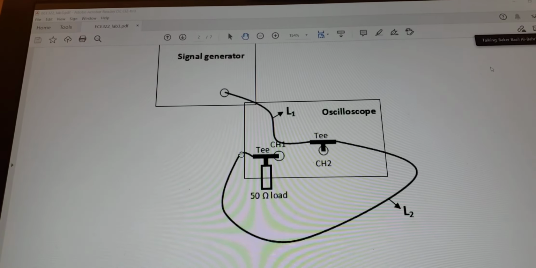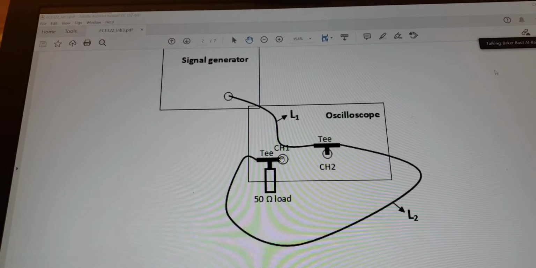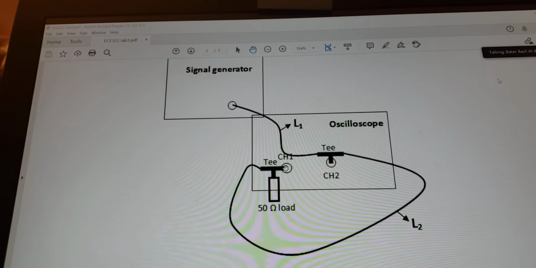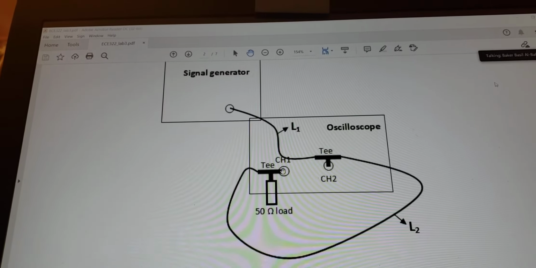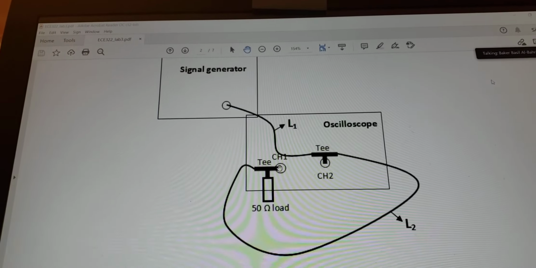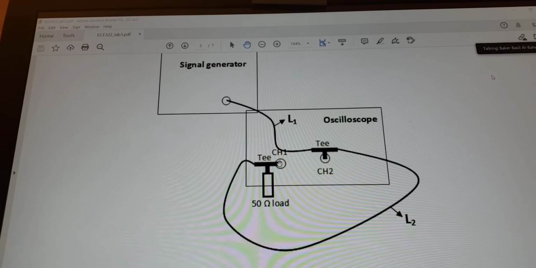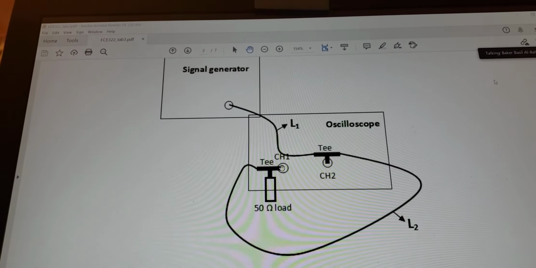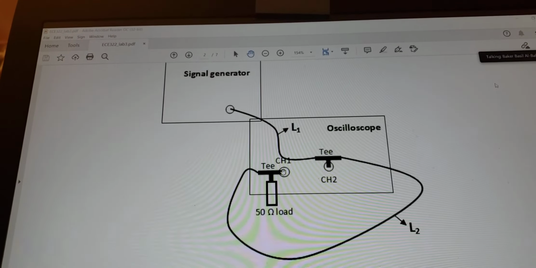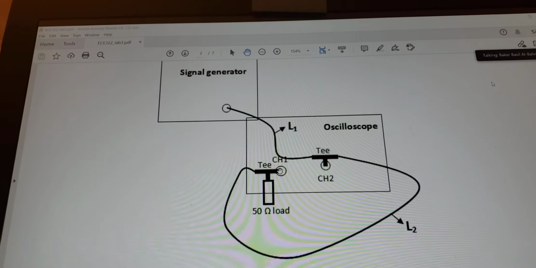So what happens here, we have another signal here, which is the yellow one in the scope. The only thing that we are suffering from now in our experiment is that we don't have the problem of reflection because the line is terminated with its characteristic impedance. The line is matched. The scientific term that we use is that the line is matched. Matched means you terminate the load by its characteristic impedance. The only problem for us now, there are many problems, but for us now, the problem is the delay.